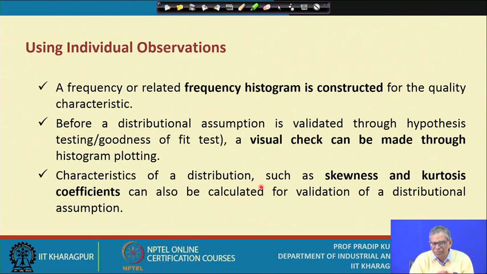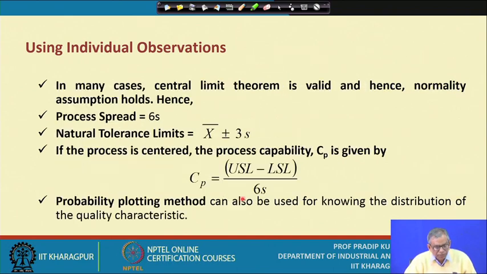When you have the data to calculate the third moment, you can calculate the skewness coefficient, and similarly, if you have sufficient information to get the fourth moment, you can calculate the kurtosis coefficient, so that you have a fairly good idea about the variability and the characteristics of the distribution. This exercise we do routinely.